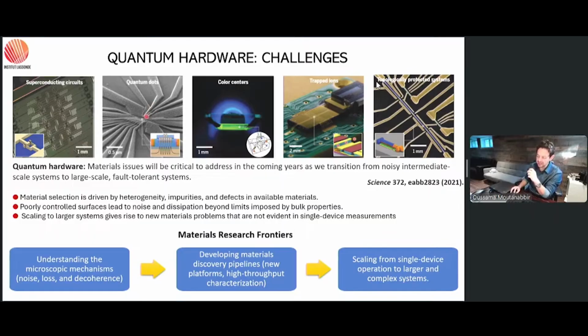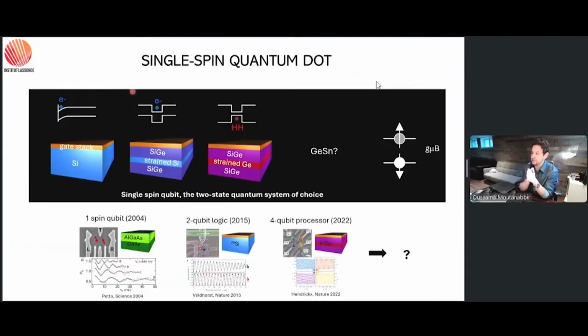As I said, one can make the case regardless of the material system, but we'll be focusing on heterostructures used in quantum dots. So something that you know, which is the single spin quantum dots. There are different flavors. This is a slide I got from Giordano some time ago. Just this part.